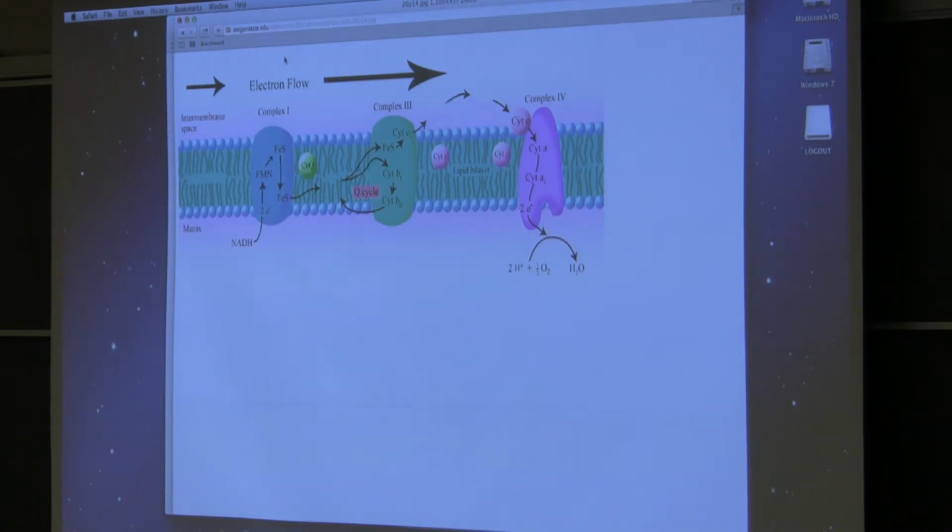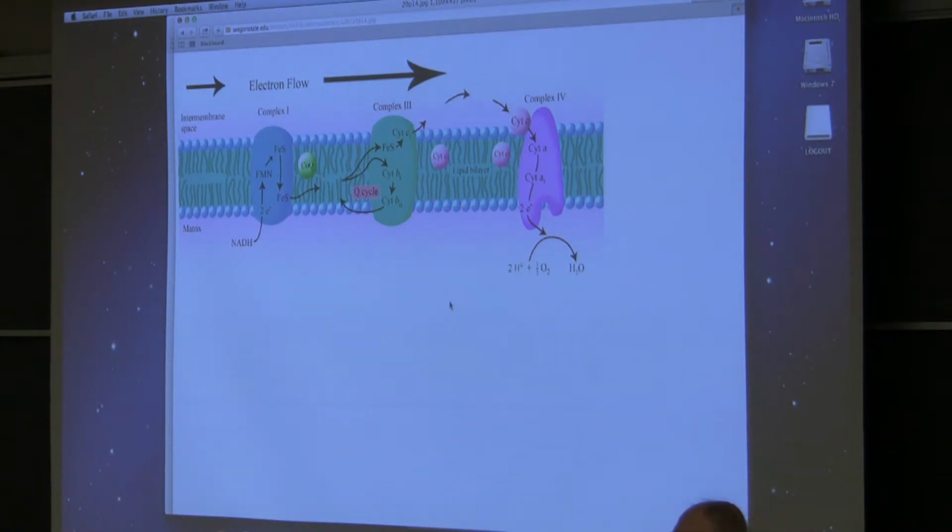Complexes 1, 3, and 4 create a proton gradient as a result of the electrons moving through them. Okay? Everybody with me? We now have, as a result of the movement of the electrons, more protons outside of the matrix than we have inside of the matrix.